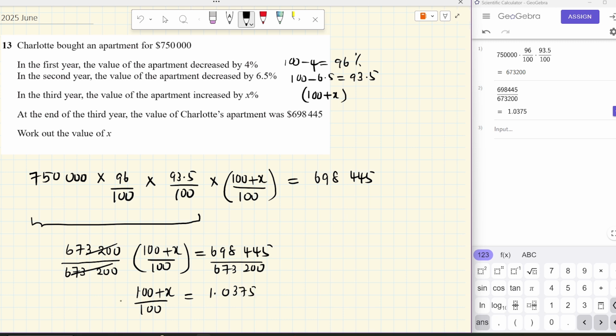Then you can multiply both sides by 100. 100 and 100 get cancelled. 100 plus X equals 1.0375 multiplied by 100. It is 103.75. And X equals 103.75 minus 100. X equals 3.75.